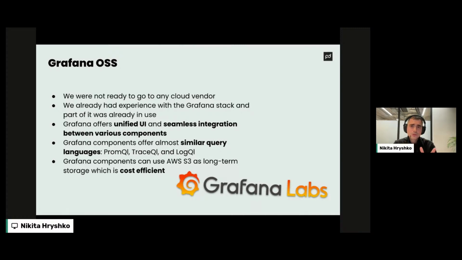And in addition to all of that, Grafana really offers everything we need: a unified user interface, seamless integration between various components, and relatively similar query languages. And it's worth mentioning that we were inspired by the fact that in most cases, Grafana components can leverage AWS S3 as long-term storage. That is really a cost-effective thing.